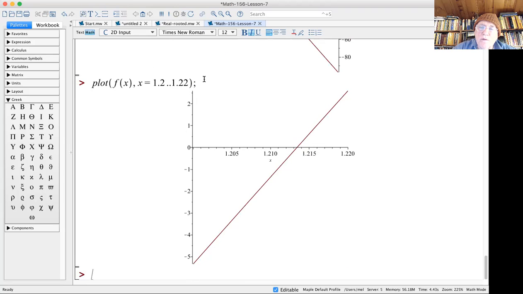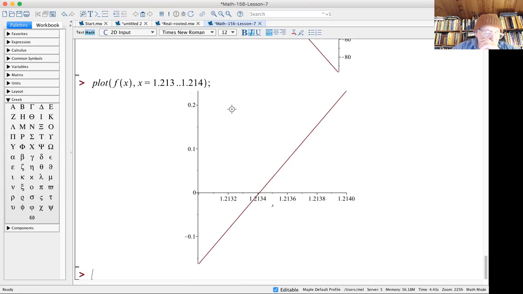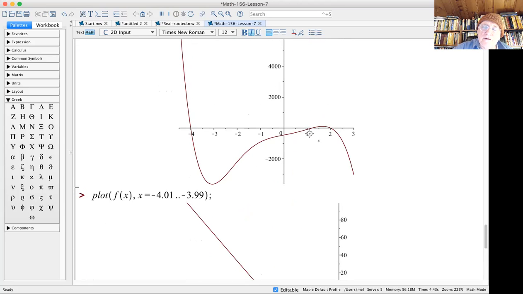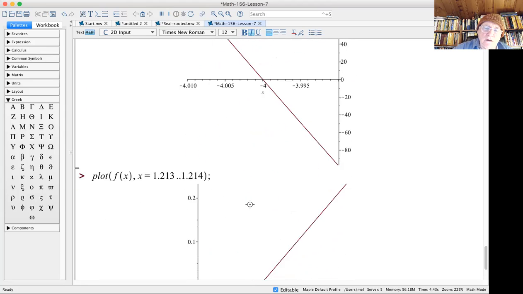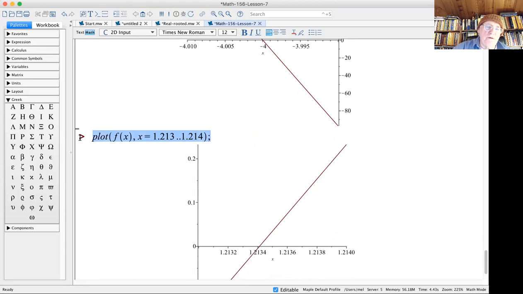And between 1.213 and 1.214. So here we have at least 5 digits. 1.2134 is this solution.